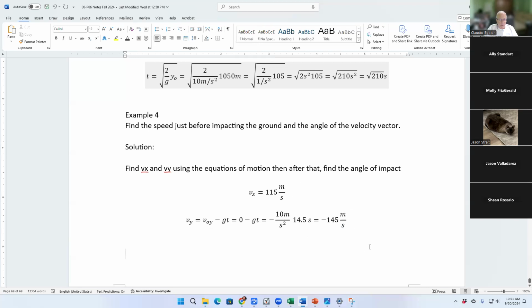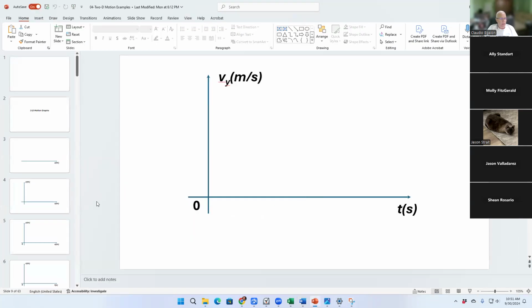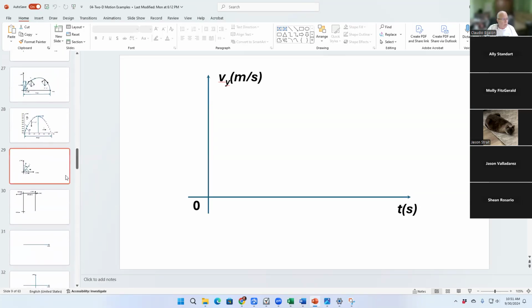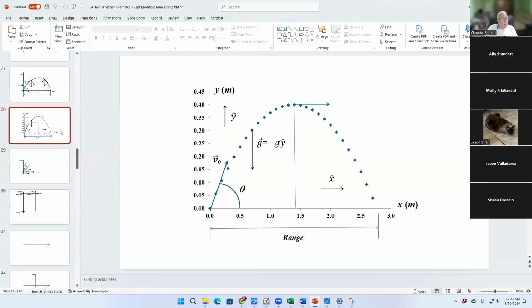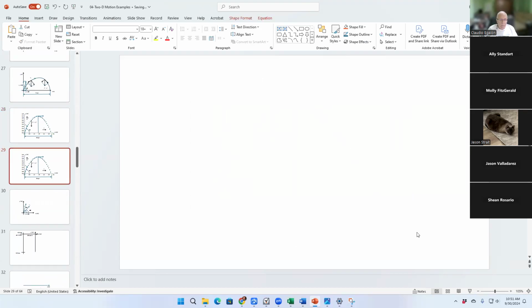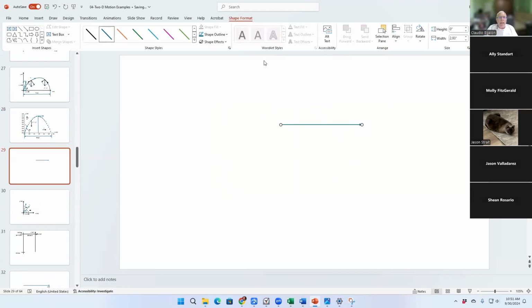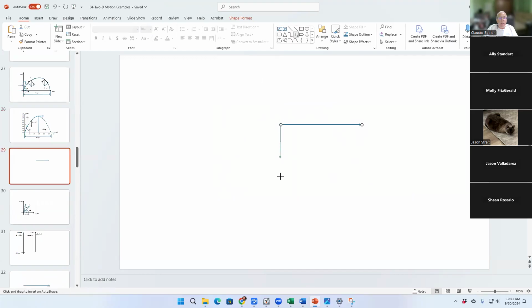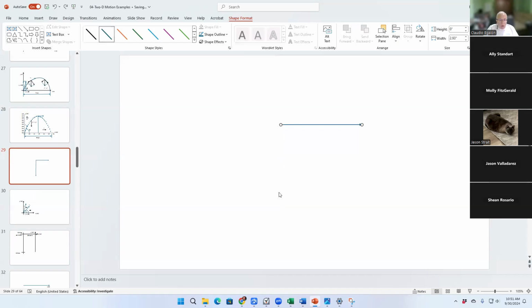And now you combine those two velocity vectors. You can get here. So one component of the velocity is 115, the horizontal one.